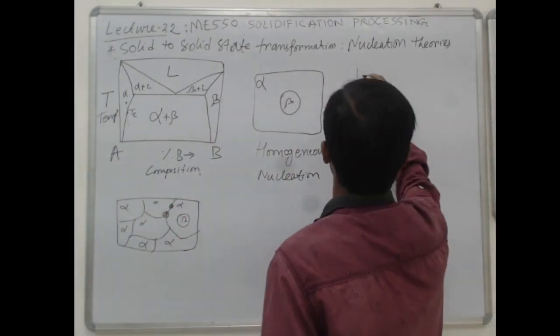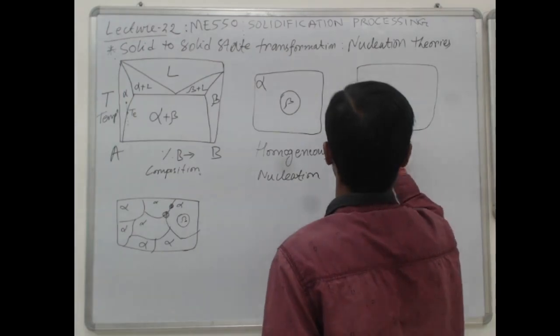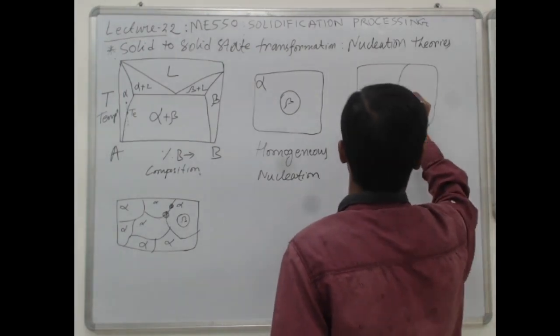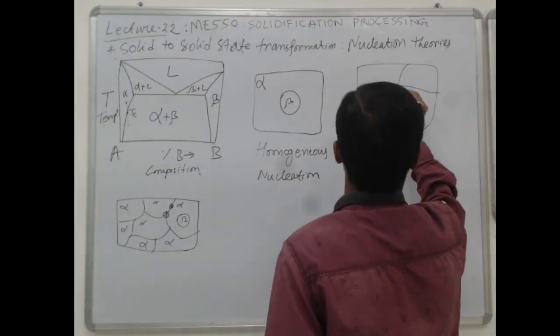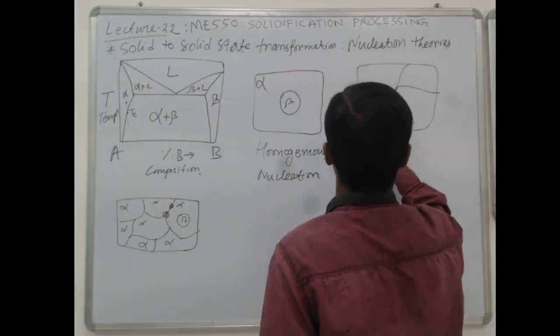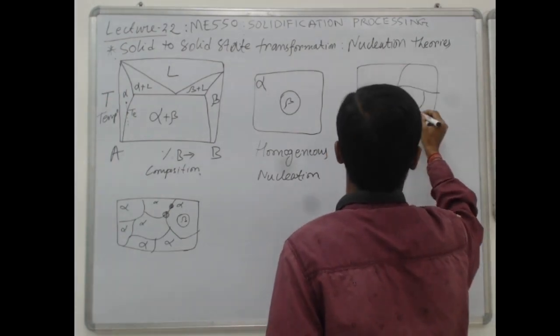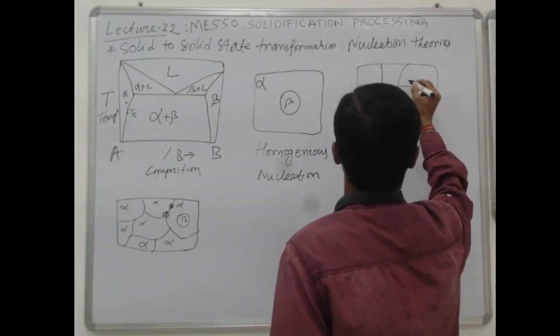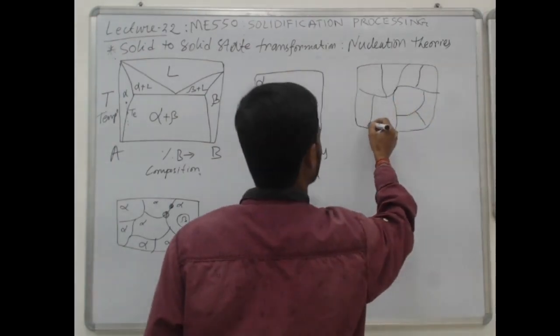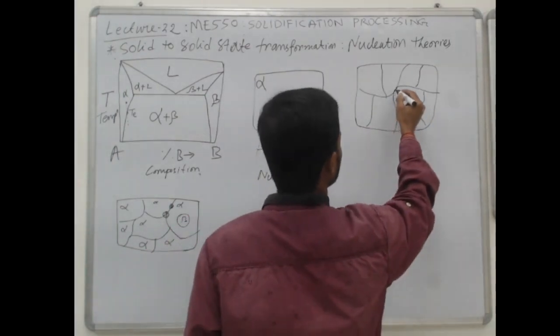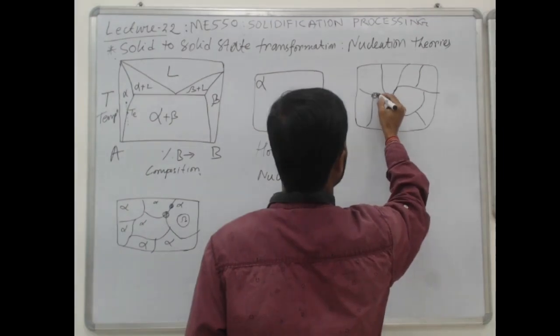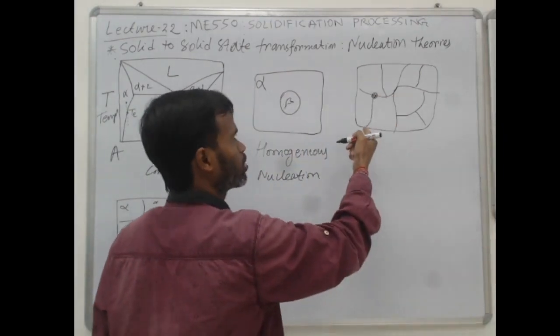But if the beta phase is nucleating along the grain boundaries, so these are the different alpha grains, then you have a nucleation site.